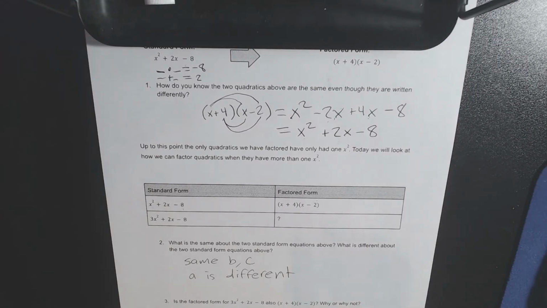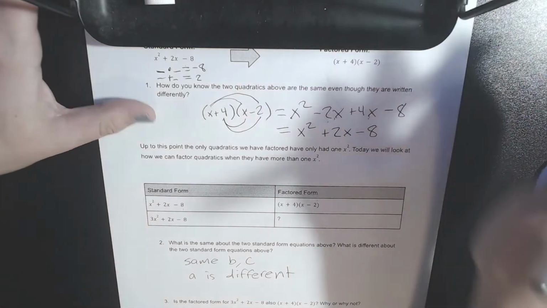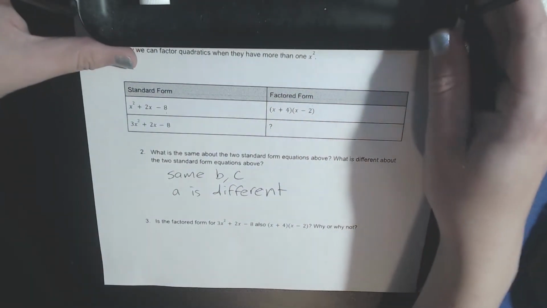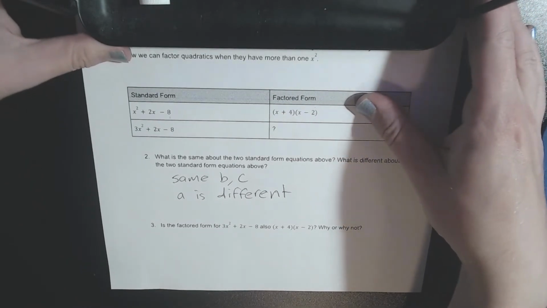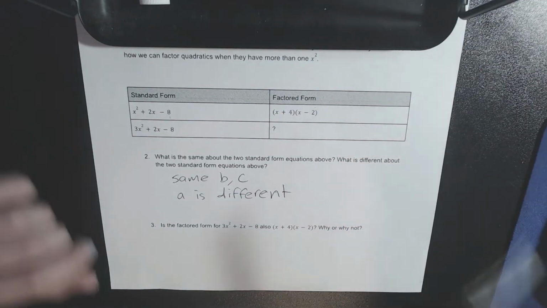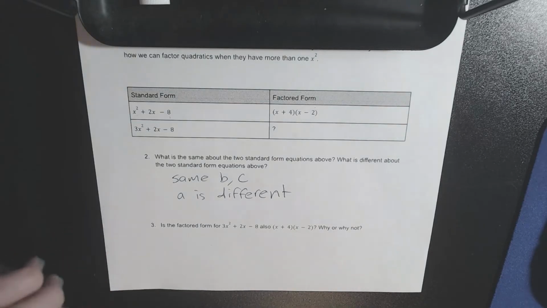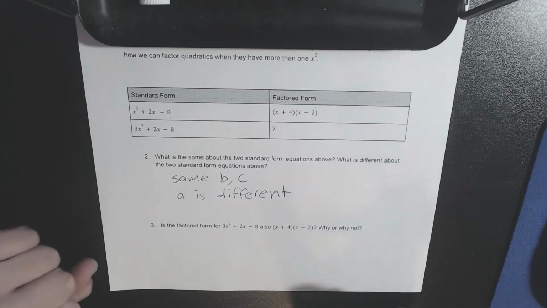So basically, what we're wondering is, we'll move this a little bit again so that we can see. Is the factored form for 3x squared plus 2x minus 8 also the x plus 4 and the x minus 2? Is that the same thing? Well, not really, right?